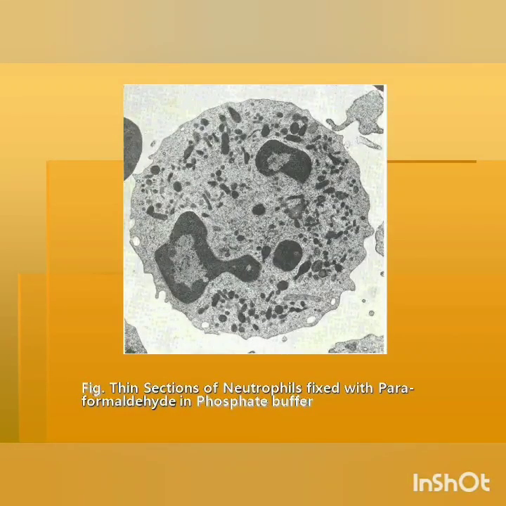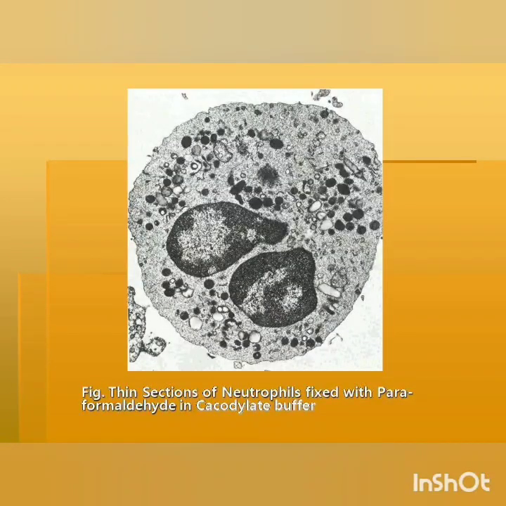For fixing neutrophils, paraformaldehyde prepared in phosphate buffer gives excellent result. This is another example of sections of neutrophils fixed with paraformaldehyde in cacodylate buffer.